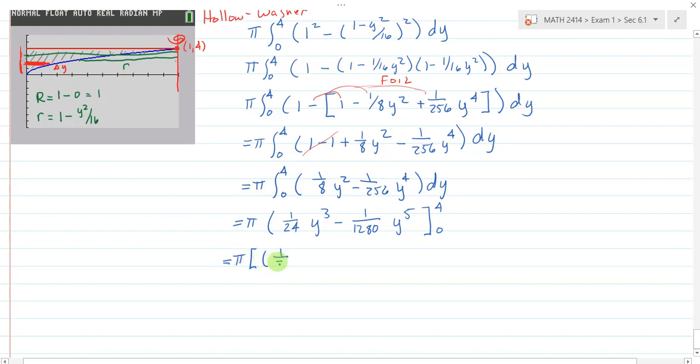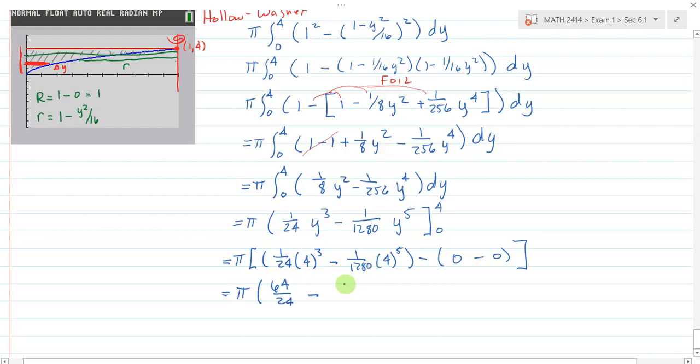So that's 1 over 24 times 4 to the 3rd minus 1 over 1280 times 4 to the 5th minus, and then these terms are just going to be 0, so I'm going to just write out the zeros there. And this is why God gave us calculators, guys. 4 to the 3rd is 64 over 24, and then 4 to the 5th is a really big number.